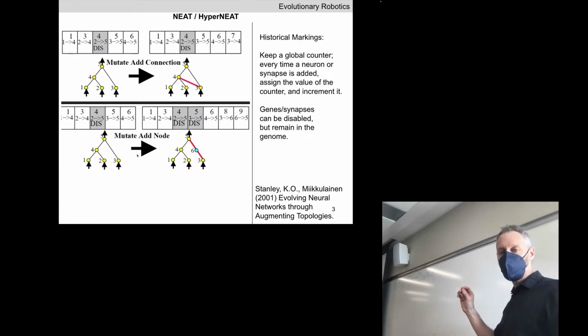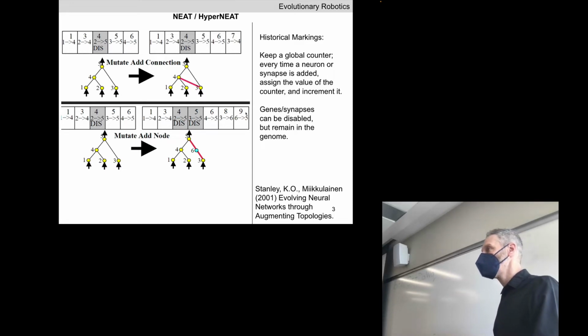We've added a neuron, and then we're going to add 2 additional synapses to wire in this new neuron to the network, one that connects neuron 3 to the new 6, and another one that connects the new 6 to the 5. So we're adding 2 new synapses, which get values of 8 and 9 from the global counter. So far, so good? Okay.